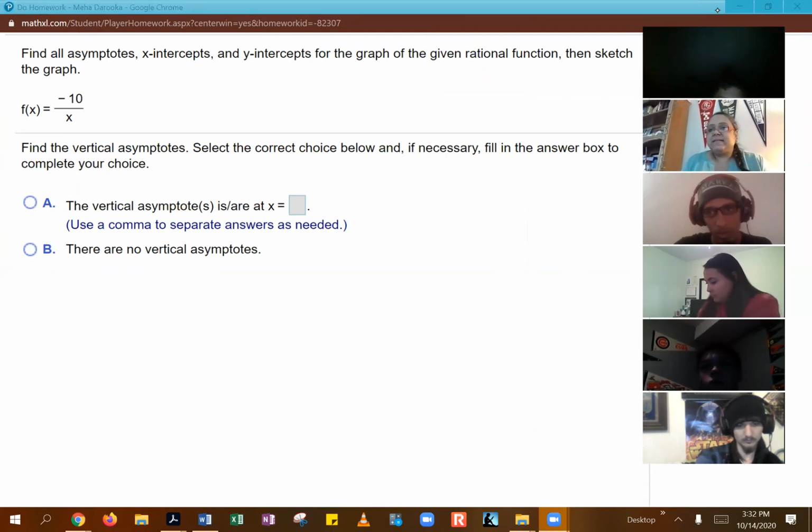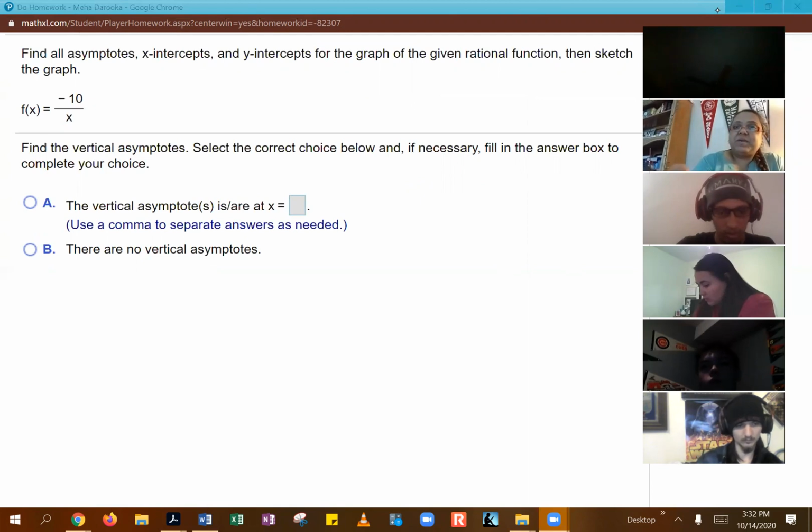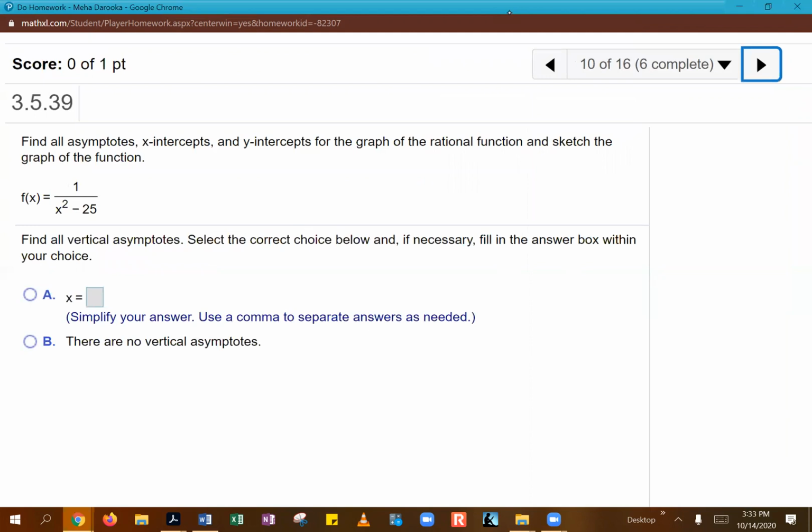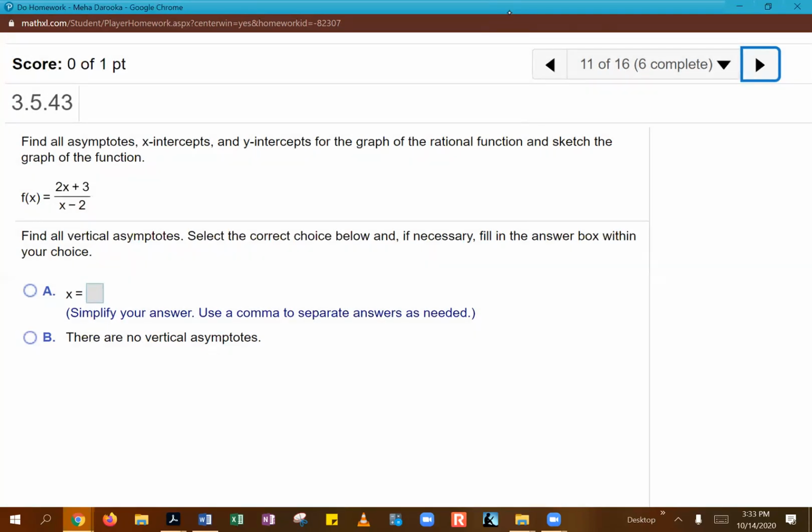In this case, -10 is a degree smaller than the x, so you will have a horizontal asymptote, and actually it's going to be at the x axis. Same thing here, this is very similar to the example we did 2 examples ago. So 1 over x squared minus 25, you will again only have a horizontal asymptote.